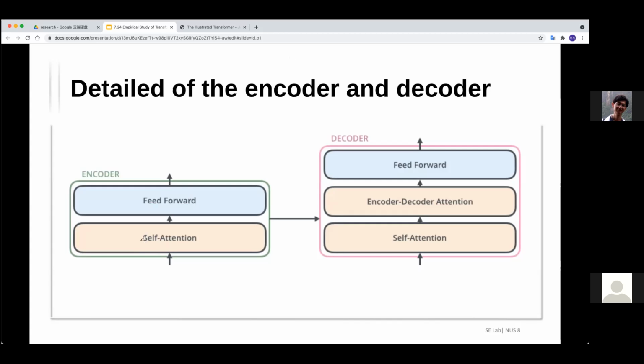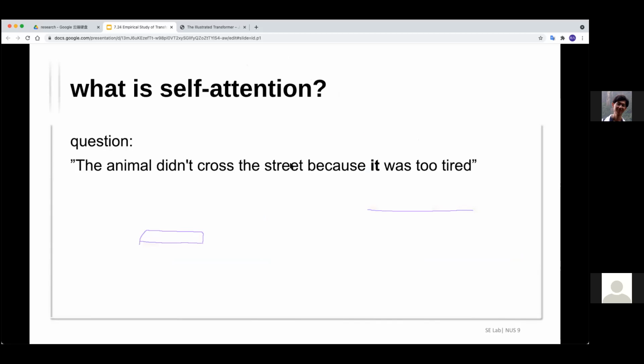Here is self-attention, which is quite different from the encoder-decoder attention we have talked about. So today I will first introduce what self-attention is. Here I just raise a very simple question. The animal didn't cross the street because it was too tired. What does this 'it' represent?